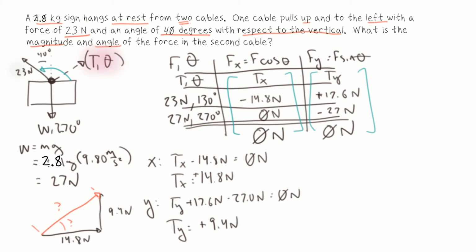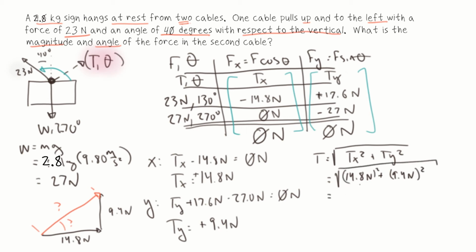That'll show you how to do all this. But in order to solve for the magnitude, t equals the square root of tx squared plus ty squared. So we have our x and our y component, and each of those are squared. And when you do the math, you get 17.5 newtons.